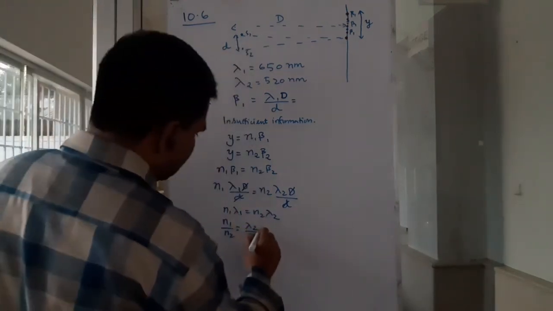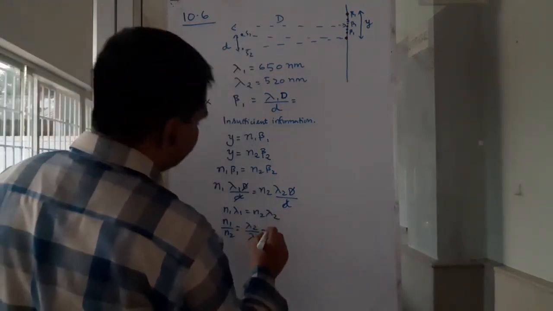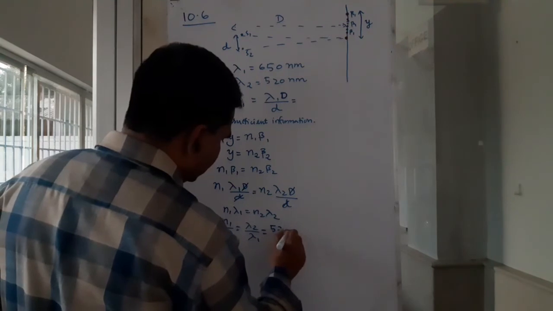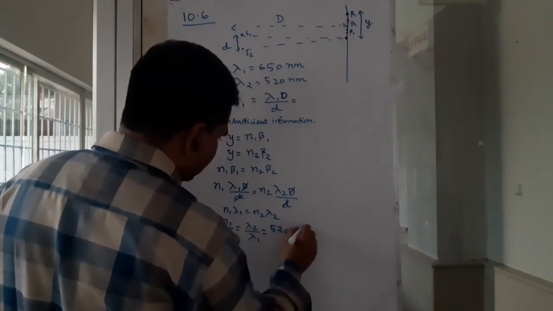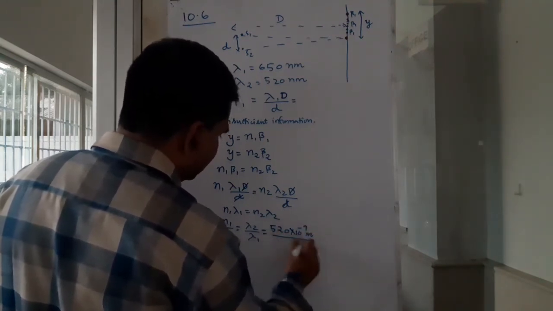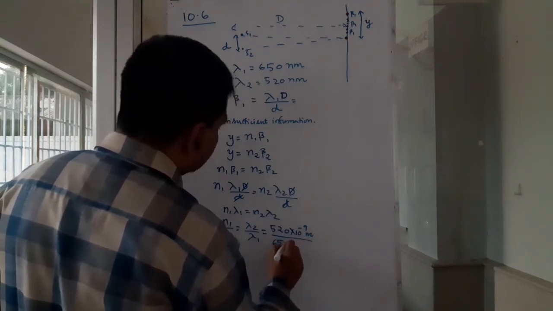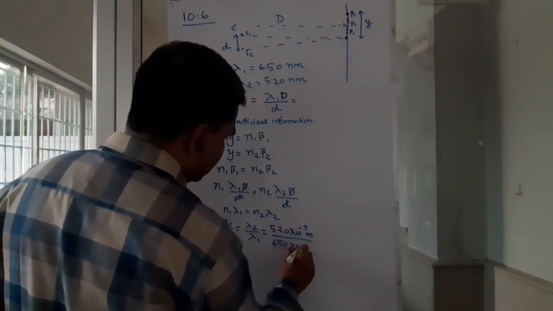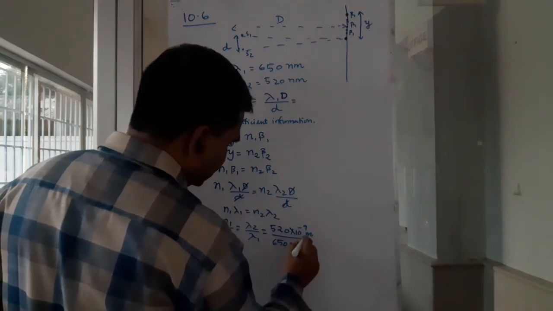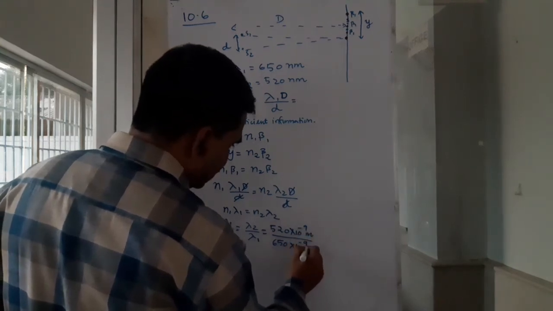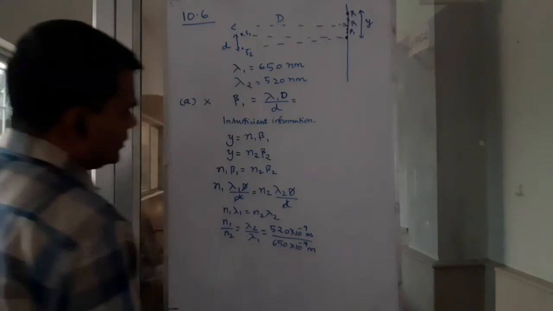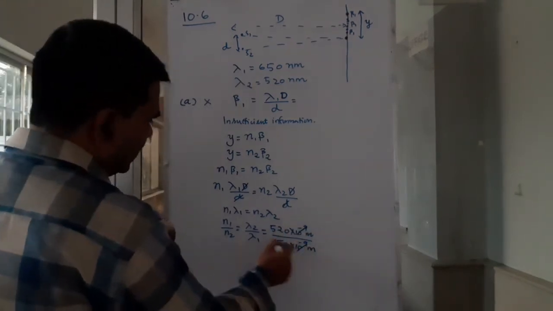So what is lambda 2? That is 520 nanometers, 10 to the minus 9 meters, divided by 650 into 10 to the minus 9 meters.